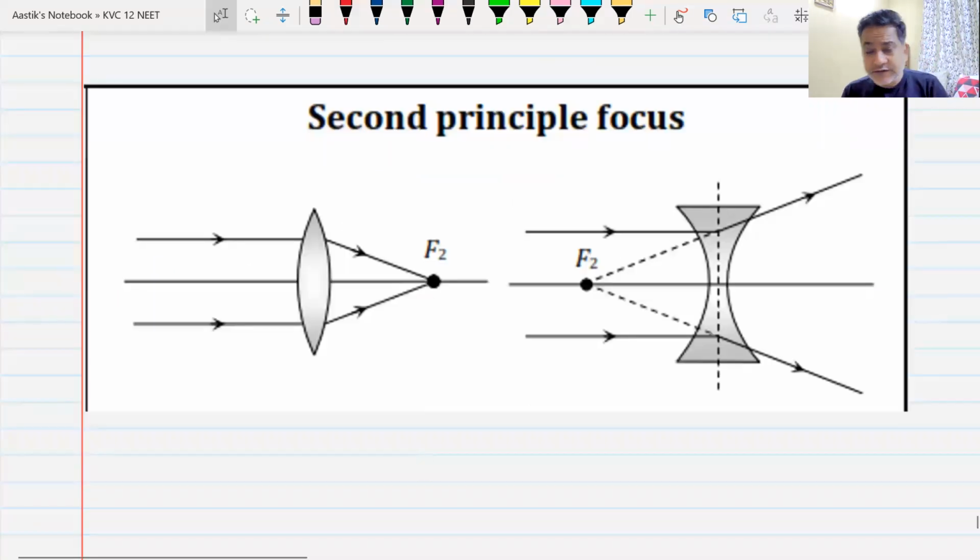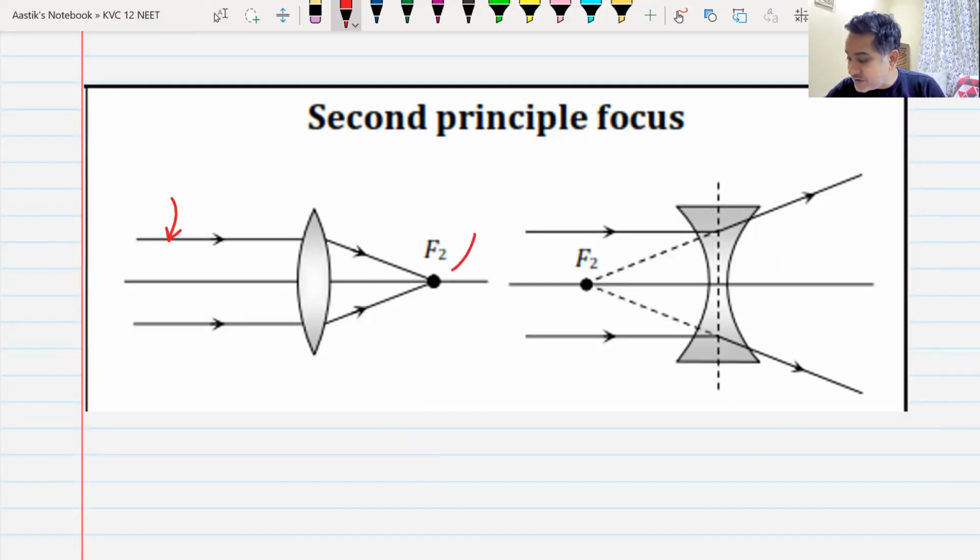I do the reverse of it. If rays of light are coming parallel to the principal axis, after refraction, they will converge to a point on the principal axis in case of convex lens. In case of concave lens, they will appear to come from one point on the principal axis.